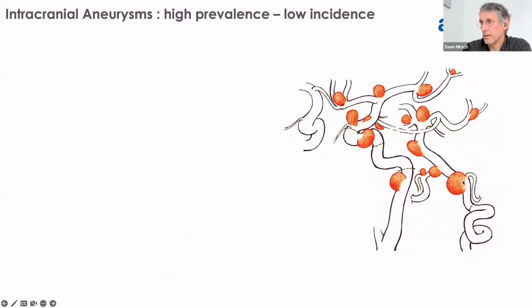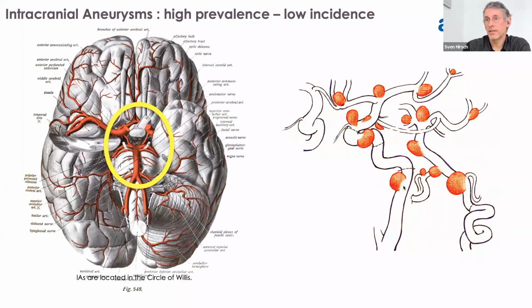So you see painted a Circle of Willis. You see the carotid vessels that come up, and then the vessels unite here, and you see these bulges. That is a depiction. Obviously, you don't have that many, but these cerebral aneurysms can occur at any of these locations. This is the brain seen from below.